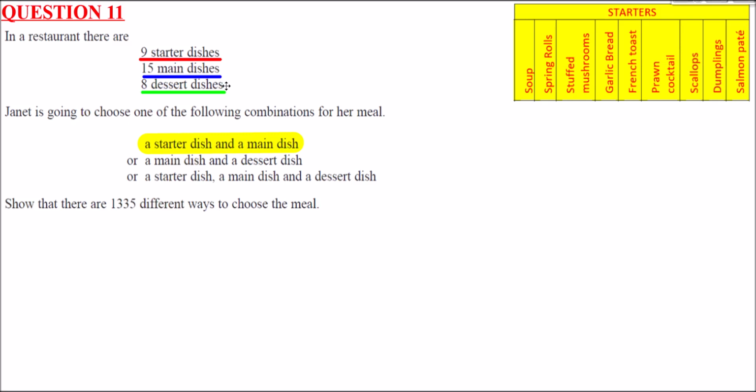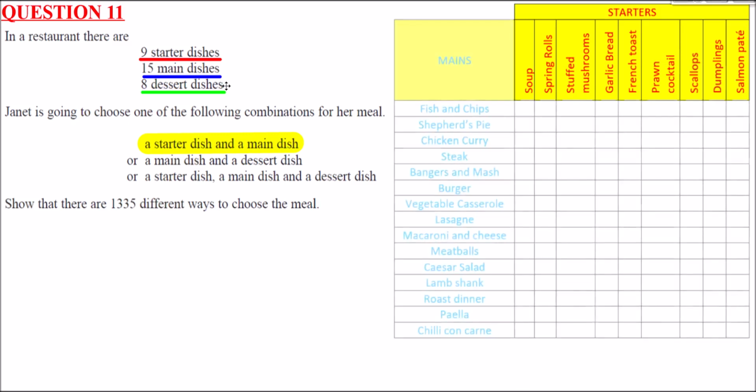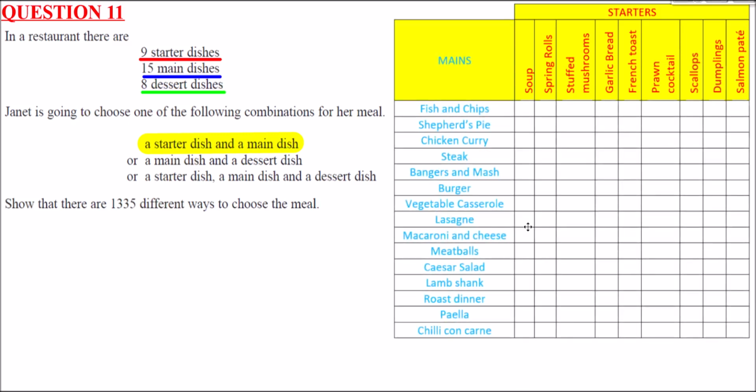So starters and mains combined, you could consider it like this. It'd be a grid, 9 columns for each of the starters, and 15 rows for each mains, which goes with each starter. So in terms of this grid, we've got 9 columns and 15 rows. That's 9 multiplied by 15. So 9 times 15, for the starters and mains, that gives you 135 combinations.